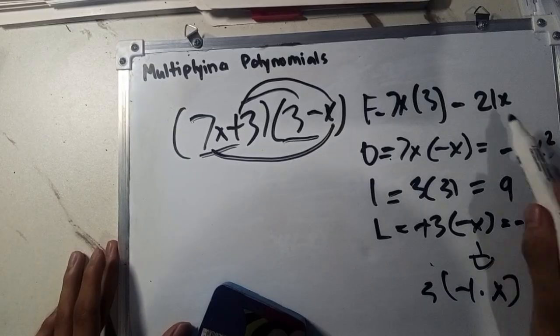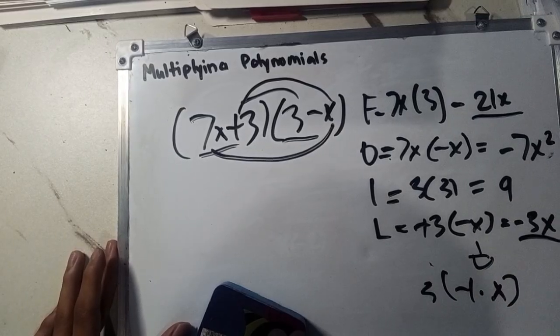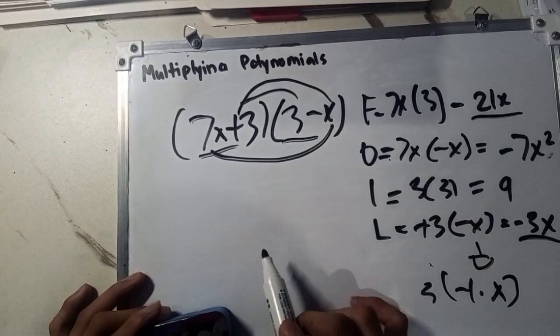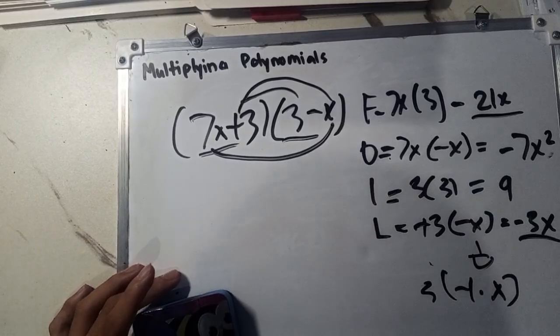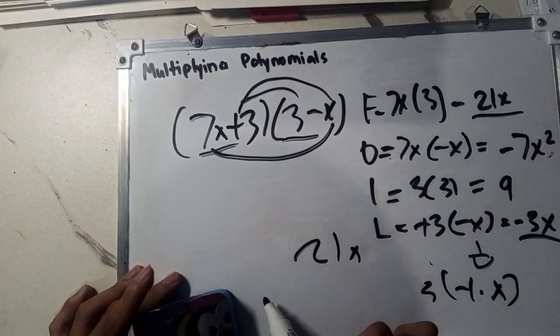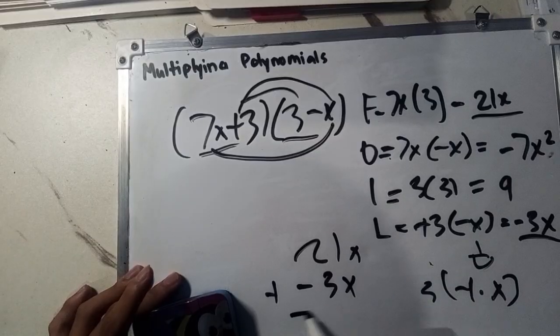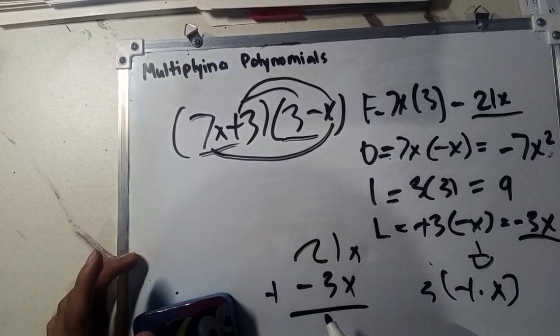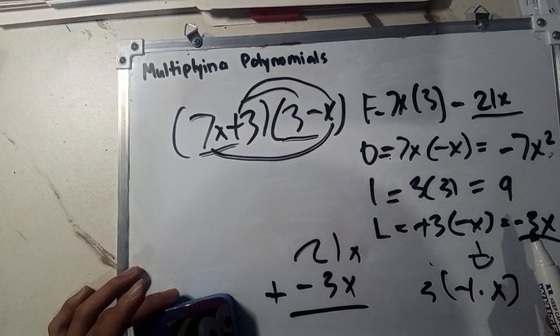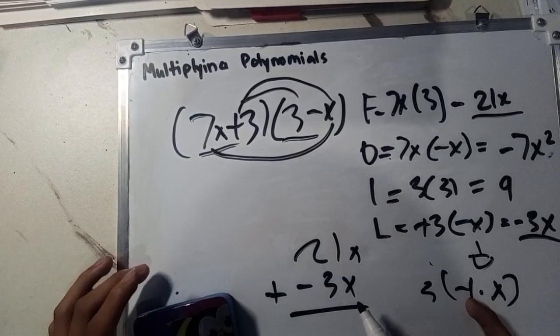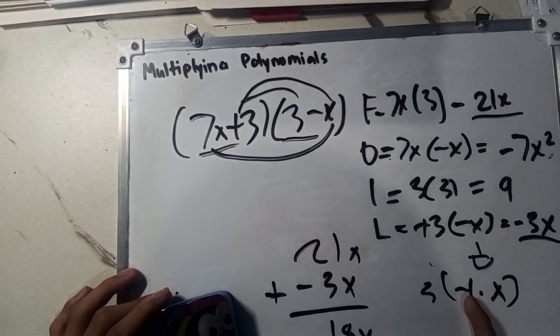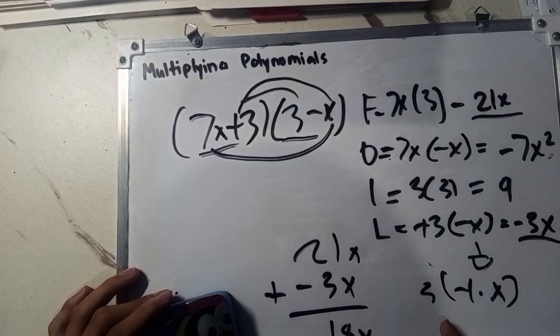So combine like terms, this and this. Okay, so 21x plus negative 3x. Different signs, therefore we subtract. 21 minus 3 is 18x. 21 is bigger, so we remain positive.